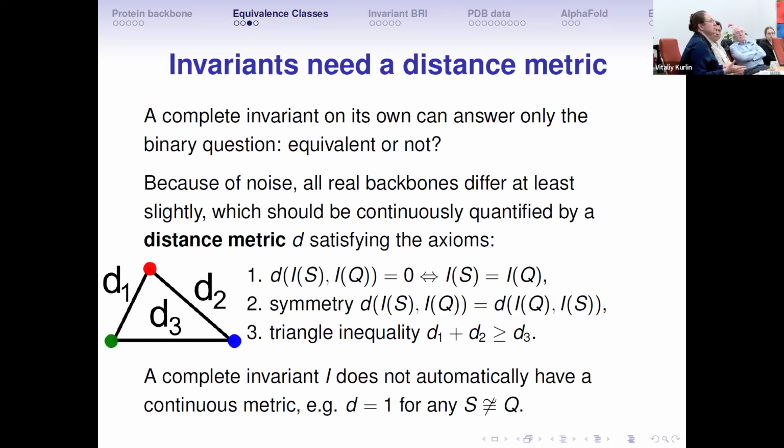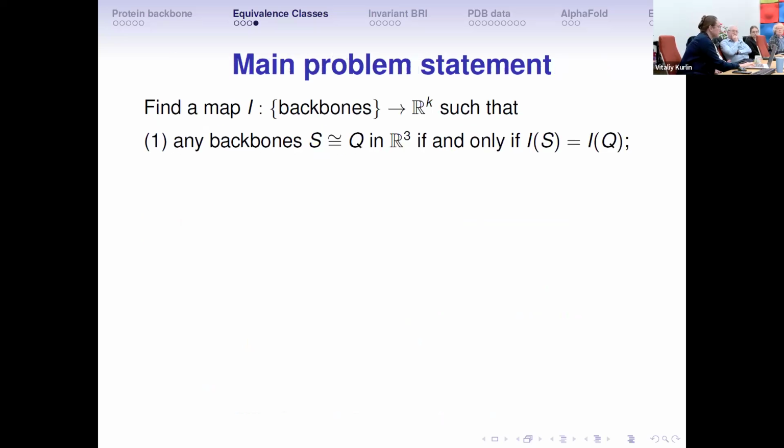That's something we all deal with when we do classification. Yes, it's binary: equal or not equal. But it does not allow us to measure small deviations from this equality or equivalence. That's why we would like something stronger. We would like not only a distance, but a continuous distance or continuous metric.